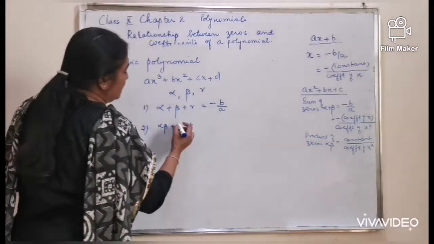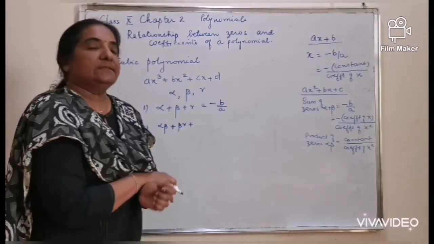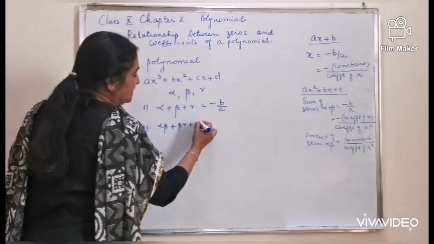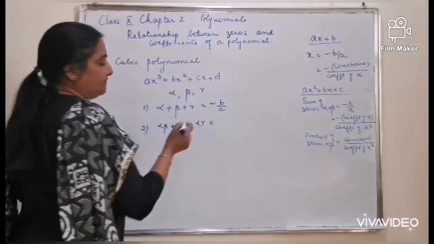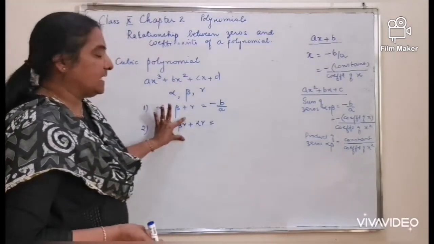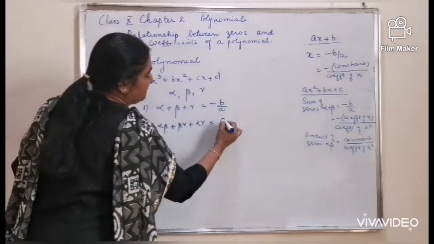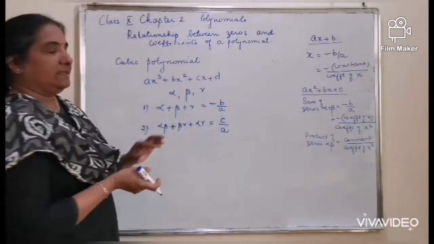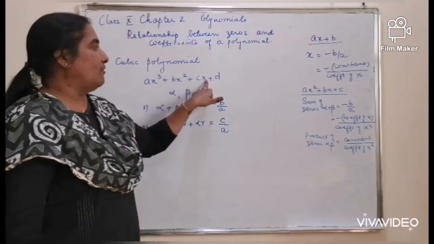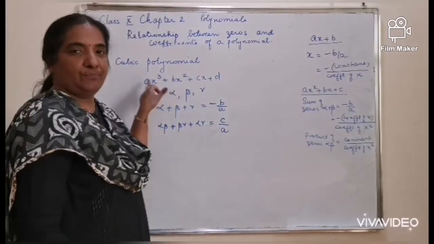The next two zeros beta, gamma, their product. And the first and the third zero alpha, gamma. This is the second rule. Alpha beta plus beta gamma plus alpha gamma is the same as c by a, that is the coefficient of x by the coefficient of x cube.